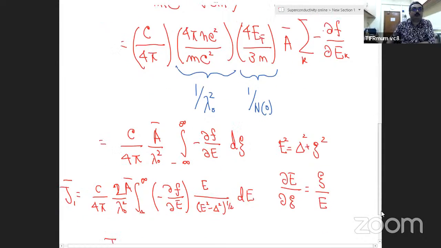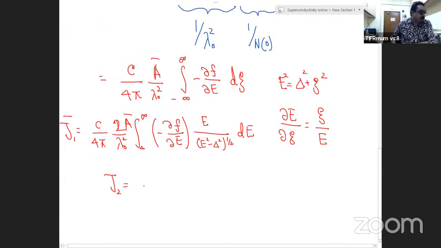Yes. Thank you. So J2, on the other hand, is minus n squared by MC, if I am not mistaken, into A. And then again, these I can write by doing this multiplication and division. So I won't do this. You can do it very trivially.